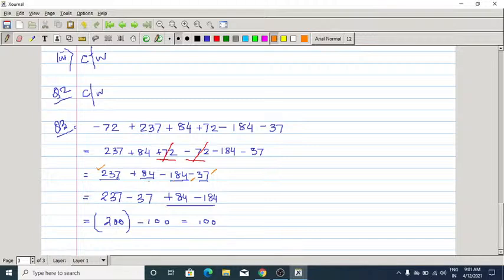Again 184 and 84. One is plus, the other is minus. When one is plus and the other is minus, what do we do? We subtract. 184 minus 84 is 100. And what sign do we put over here? We put the sign of the greater number. The greater number was negative, so I've put a negative sign. So 200 minus 100 is 100. This is my answer. Okay.